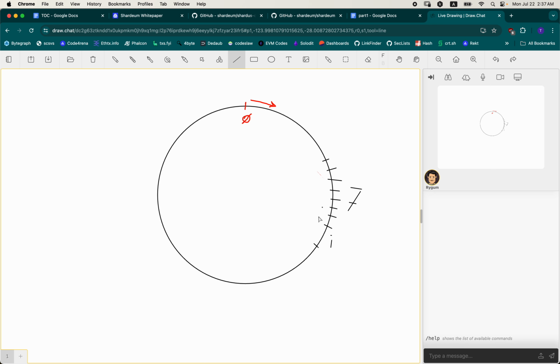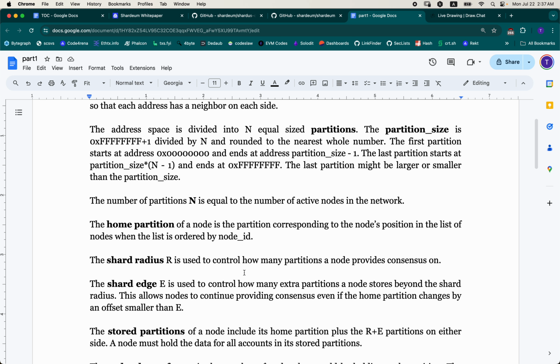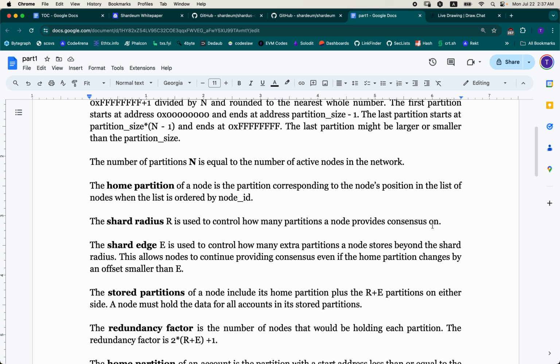This is our radius. It goes both ways, so 1 2 3 4 5 6 7 on both sides. The shard radius R is used to control how many partitions a node provides consensus on.